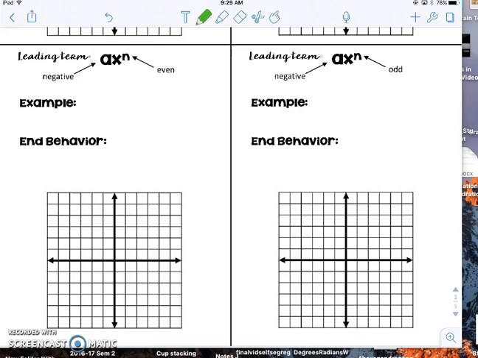for the one right below that, when it is even and negative. So for example, negative 2x to the 4th plus 3x squared minus 5. So here's our power, but that coefficient is negative. So this one is a parabola again at the ends. Stuff's going on in the middle, but both ends are facing down.